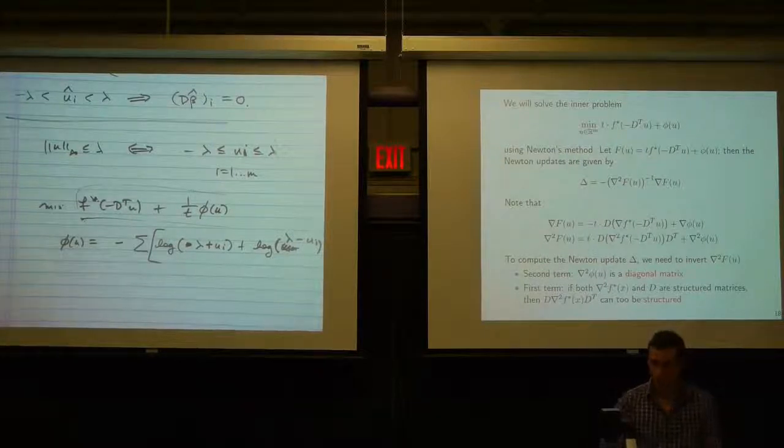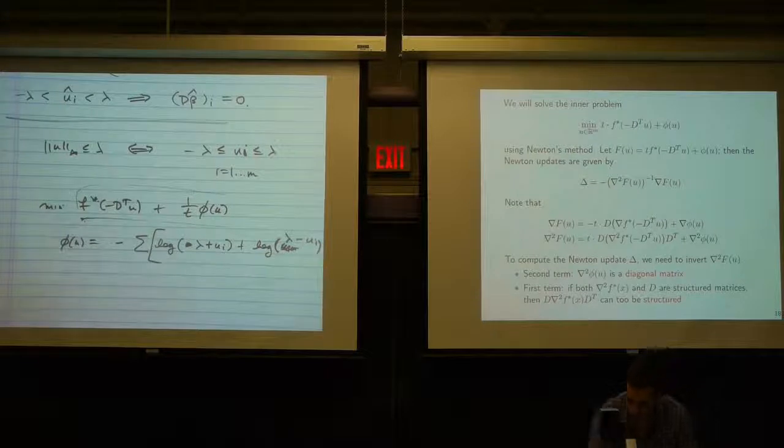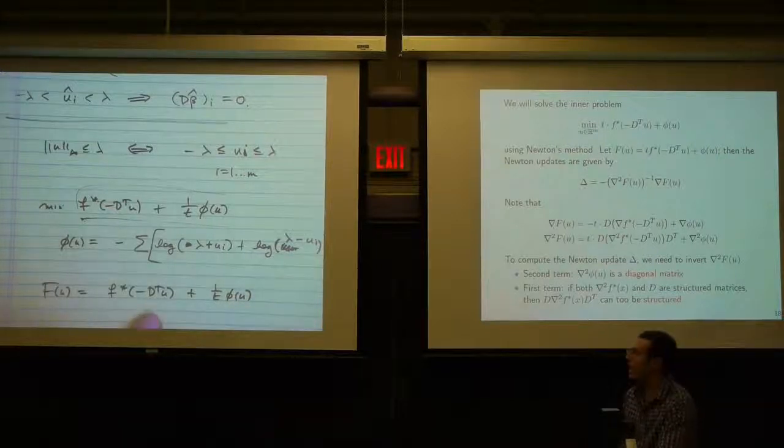That would be Newton's method for this problem. Let's call capital F of u the criterion. Basically, I need to know the Hessian and the gradient of each of these things, and then I take the Hessian inverse times the gradient.